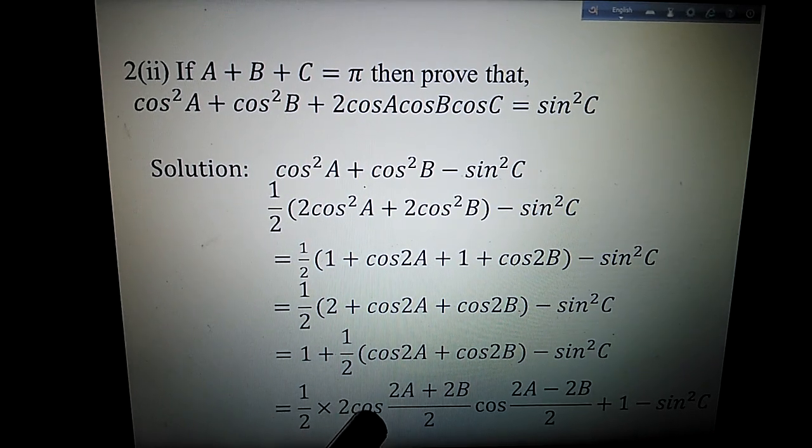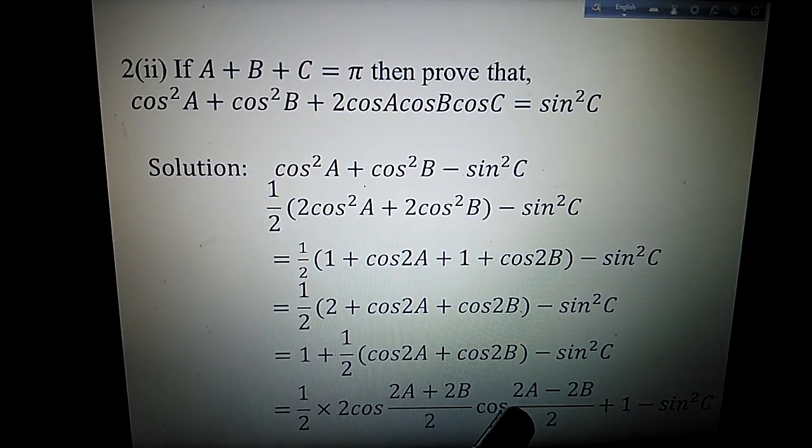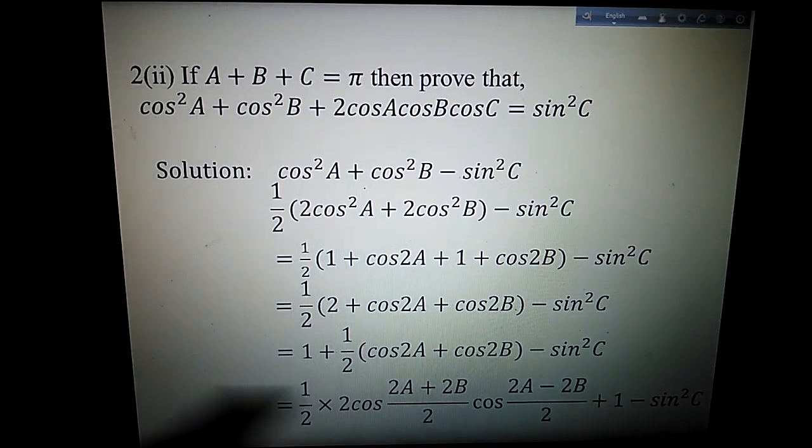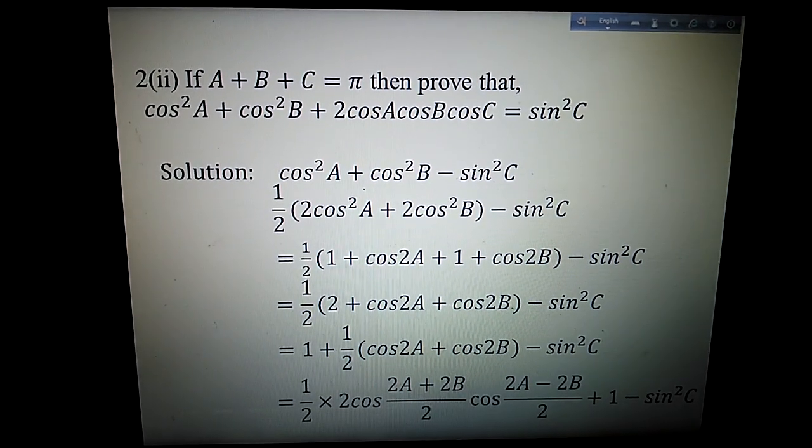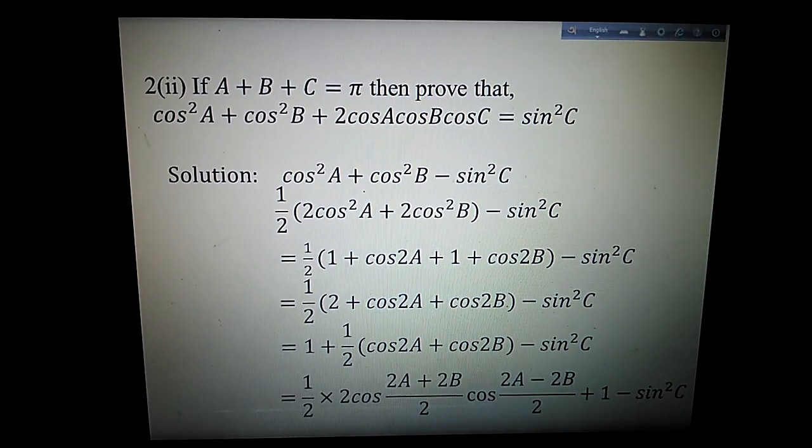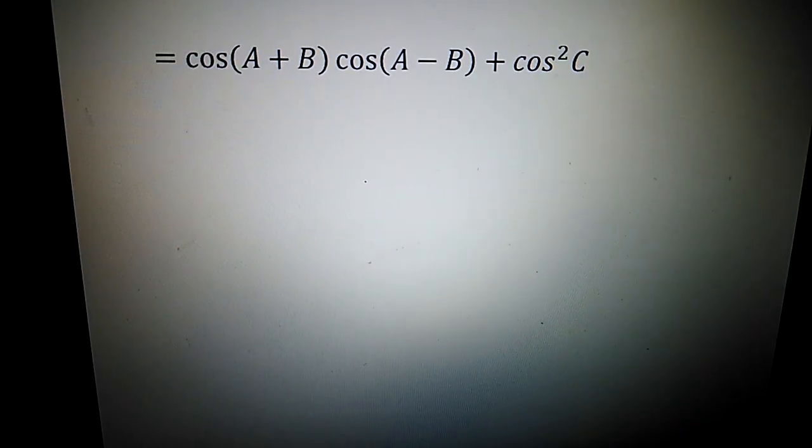That means here 1 and here cos (a plus b) and here cos (a minus b), and it is 1 minus sine square c. We can write it is cos square c. Okay, we get the line by this way.